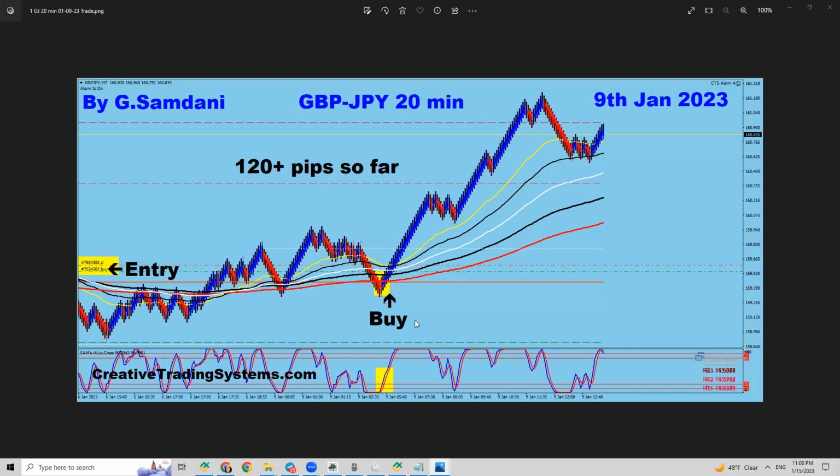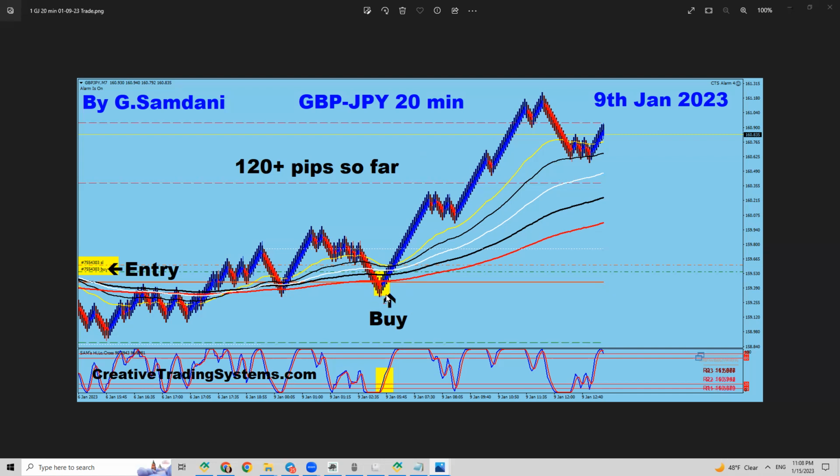Now, the third condition is that for a long trade, this low should be higher than the last low, or at least equal. Like in this case, it wasn't much, but since my analysis was telling me this was going to go up, that's why I took it. It's not even lower than this low, it's equal, like a double bottom.